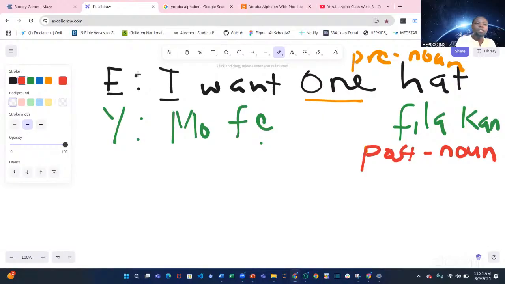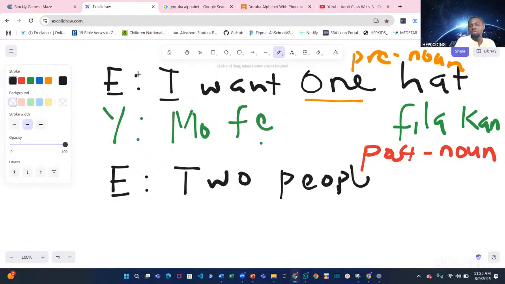Okay, look at it this way. I want to say two people in Yoruba. Let's do English first. In English, we say two people. If you want to say this in Yoruba, it has to be ènìyàn méjì.